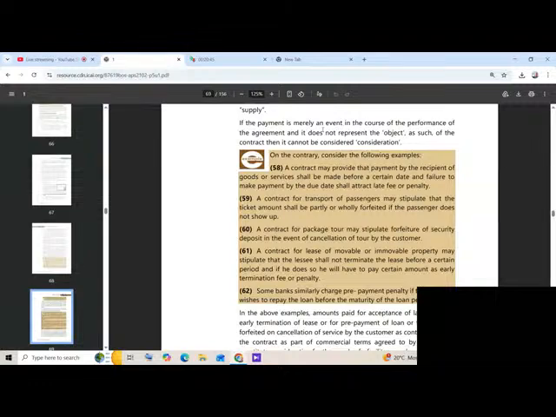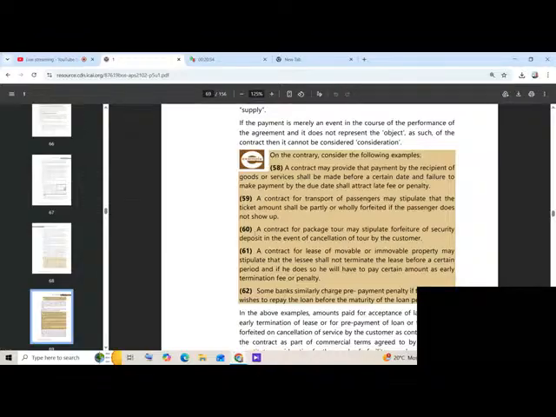On the contrary, consider the following examples. A contract may provide that payment by the recipient of goods or services shall be made before a certain date, and failure to make payment by the due date shall attract late fee or penalty. A contract for transport of passengers may stipulate that the ticket amount shall be partly or wholly forfeited if the passenger does not show up.